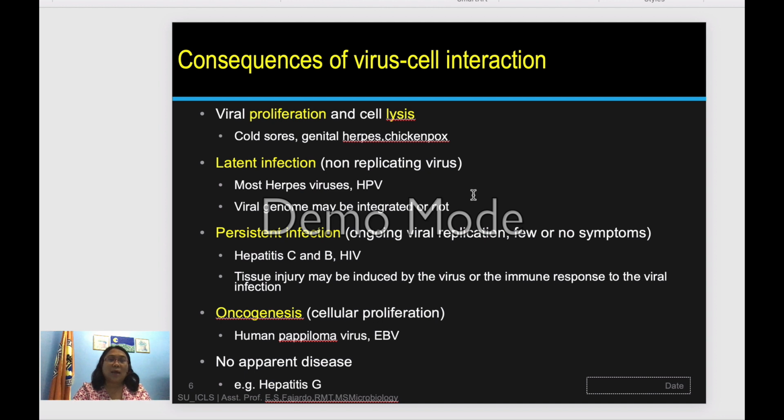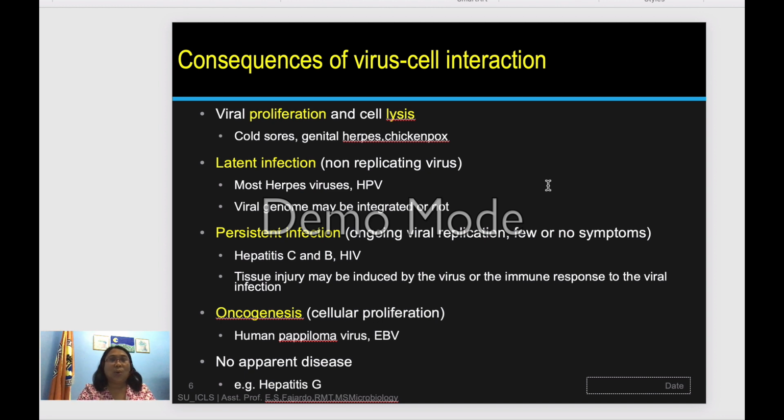Okay, so another is HPV. What is HPV? Human papilloma virus. So you will not know you have it in your younger years, and then when you are already immunocompromised, when you are already old, then it will manifest the infection and it will get out from their hiding place.